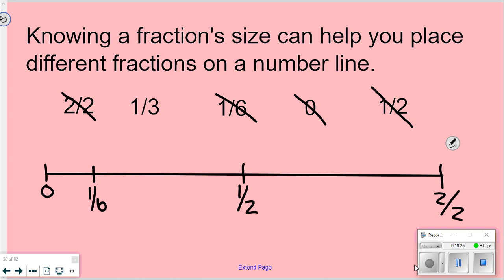Well, now let's think about 1/3. Is 1/3 bigger than 0? Yes. Is 1/3 bigger than 1/6? Yes. Okay, so it's not going in here. Is it bigger than 1/2? No. It's not bigger than 1/2, so it's got to go somewhere in here. Where is it going to go?